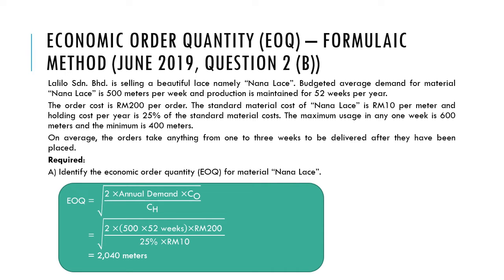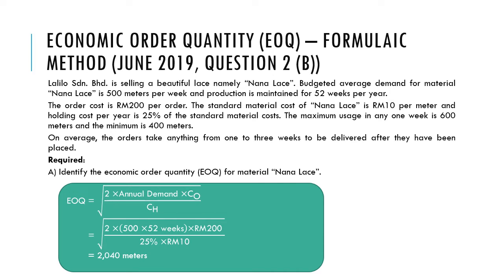The order cost is 200 per order, meaning that every time the company wants to order Nana lace from their supplier, it will cost the company 200 ringgit per order or per trip. The standard material cost for Nana lace is 10 ringgit per meter, and holding cost per year is 25% of the said cost.